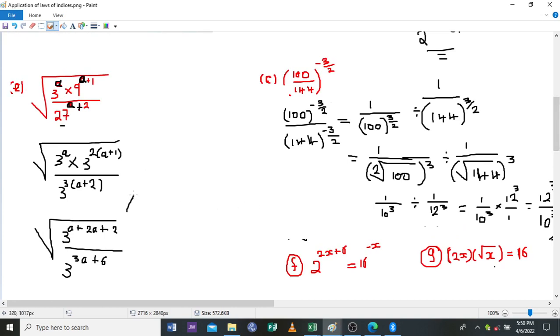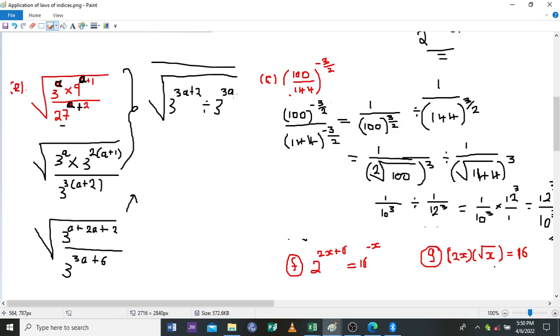Okay, let's do it now from the top here. I'm just going to do that, so to see that we are doing it from here. So again, this is what we have. Now remember, we have a plus 2a, that will give us 3a, plus 2 plus 2. Now we are dividing this by 3 raised to the power 3a plus 6.